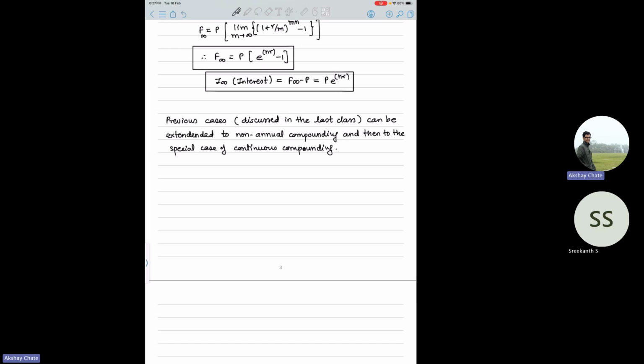So what does that mean? First, we had two cases of single payment. Let me go back to those notes. What I mean is, you can still use the same formulas that you had. It's just that this I will change.